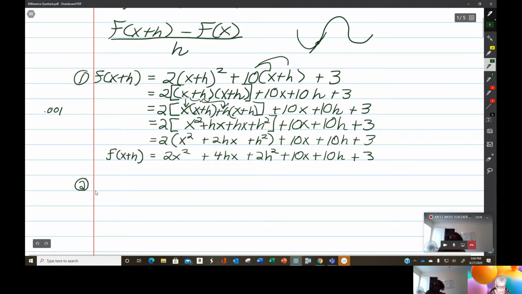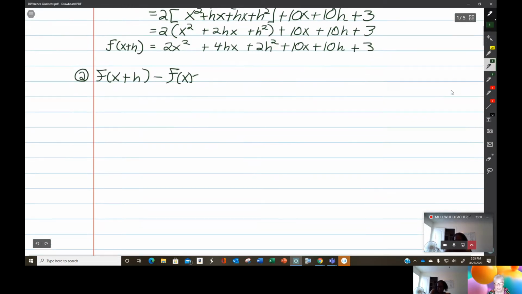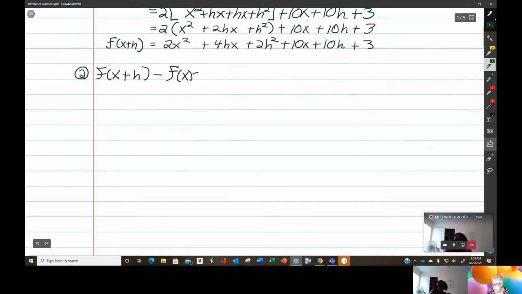So f of x plus h minus f of x is going to be, I need to write that smaller so I'll have more room.